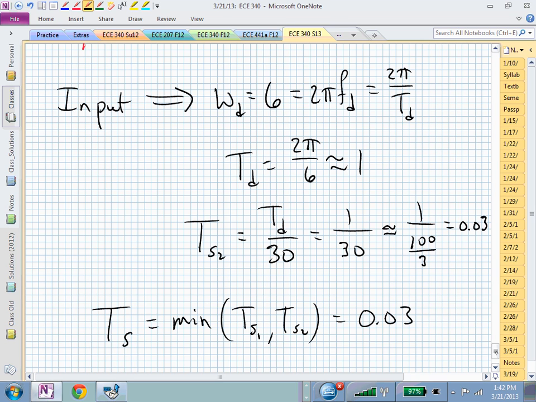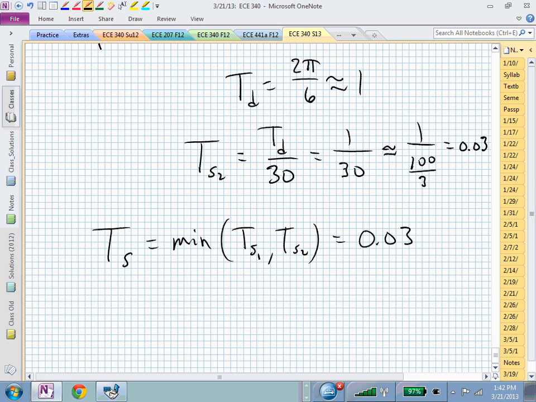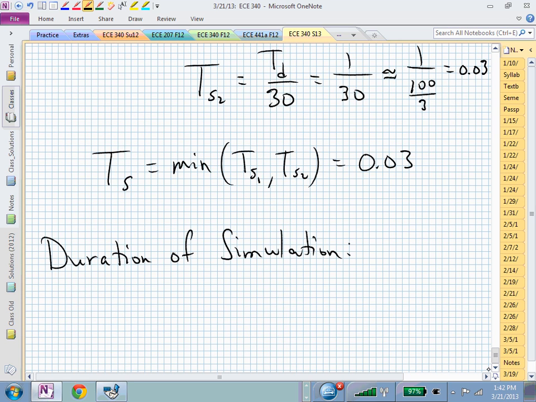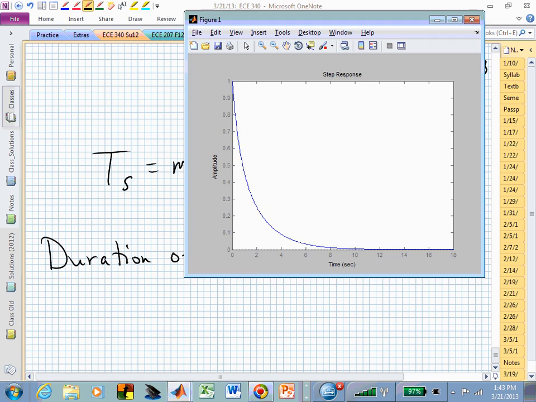Now, how long should we sample, or what's the duration of our simulation? If we just had a natural response, what would the duration be? If we just kick the can, and we can cheat, can't we? How long should we simulate this?